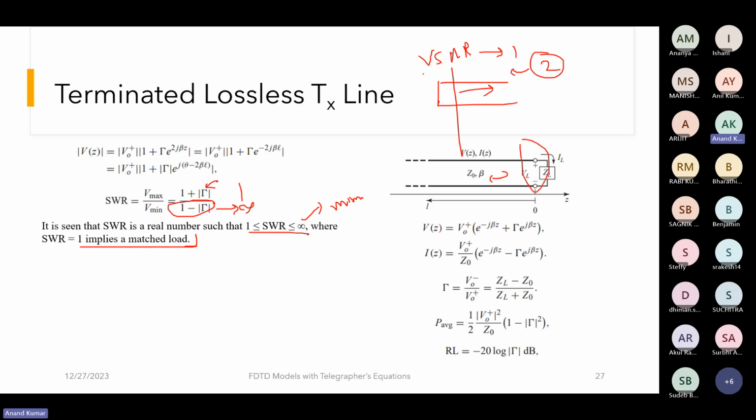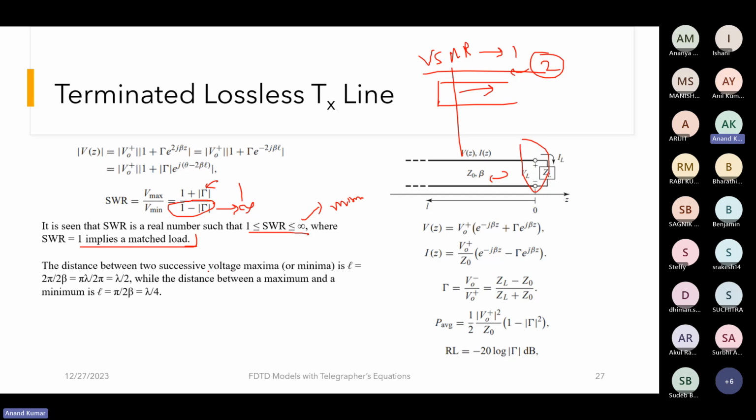So that is what we mean when we try to make VSWR near 1. Now the distance between two successive voltage maxima or minima is given by lambda by 2. If you take this term and equate it to 2 pi, you will get the periodicity, which gives us lambda by 2, and the distance between a maximum and a minimum is lambda by 4.